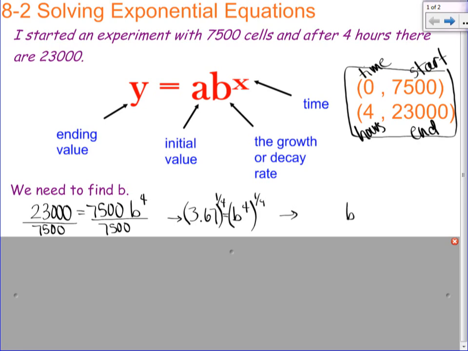What do we get for b? What do we get? 1.38, you said?